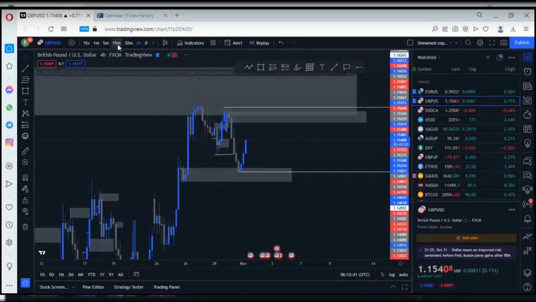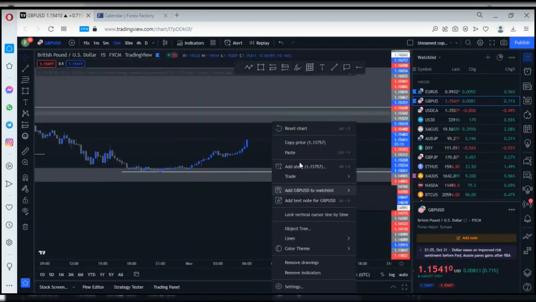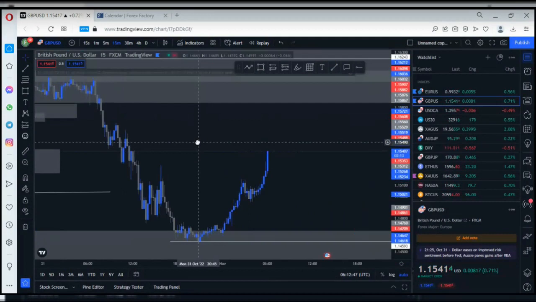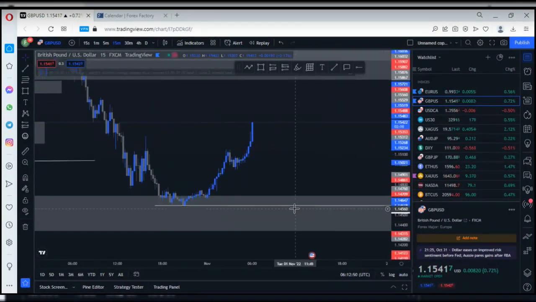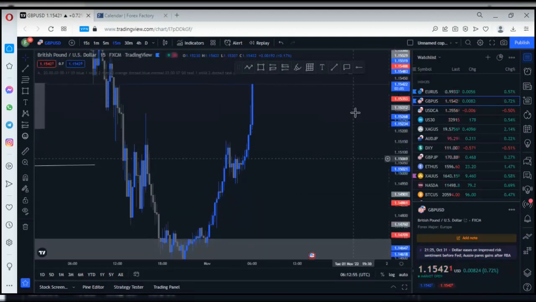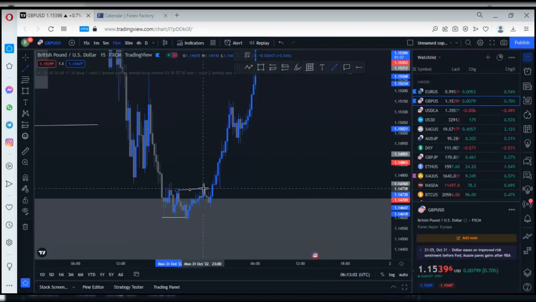So I'll check with M15 to see if I can get anything like a buy setup. So right here we also had a choke on the M15. We have our supply.